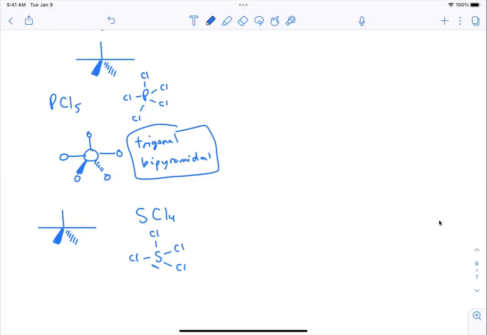Now, here's the thing. These 5 charge centers are established right now. Which of these lines, on average, is the furthest away from each other? The one on top. Okay. So what we're going to do is replace that one on top with a lone pair.